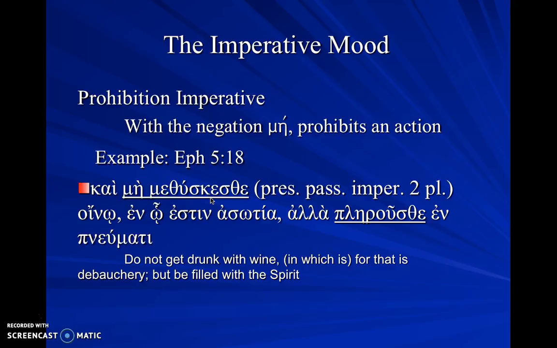But do not be drunk, or do not become drunk, because the emphasis is on the wine acting upon the person. But do not be drunk or get drunk with wine. There's our dative with wine, or by means of wine, a dative of means. But the imperative here is negated with the "not" using "me."